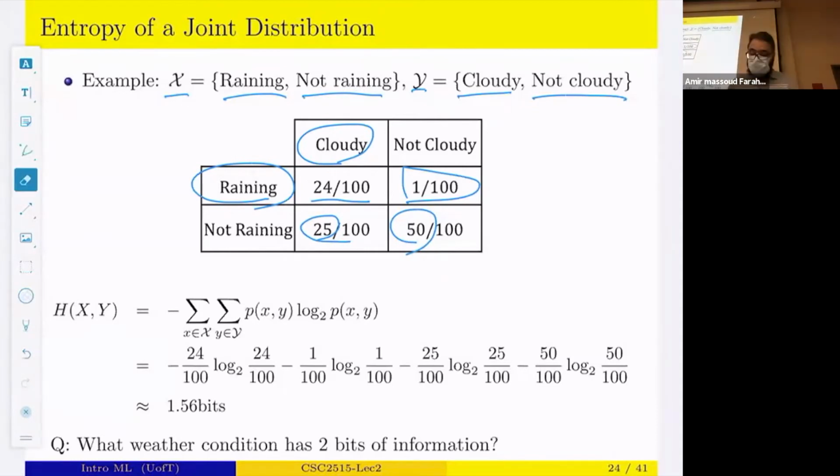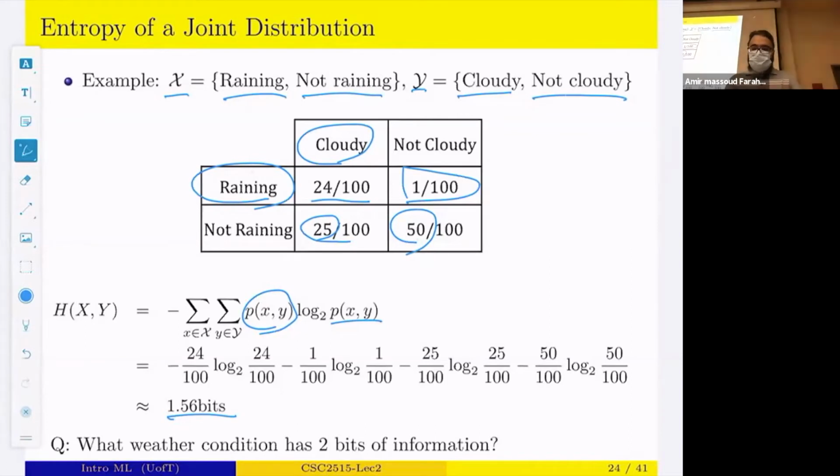If we do the calculation, which is the same as before, except that the expectation is over the distribution of this joint random variable, it will be the sum of P of X and Y times the log of P of X and Y. If we do the computation, we get something like 1.56 bits of information.